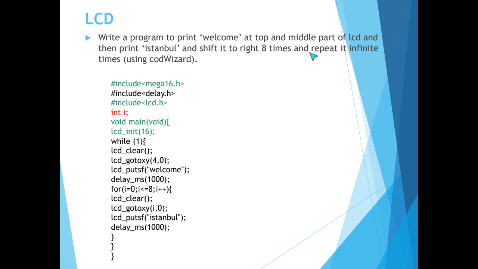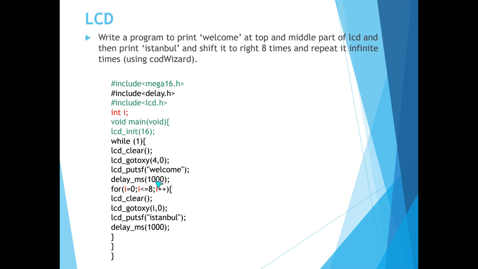For the middle part, as I said, the number of columns minus the number of letters of welcome, which is 7, is 9. 9 over 2 points exactly to the middle part of the LCD, which is indexed by 4. Again, lcd_puts of welcome.